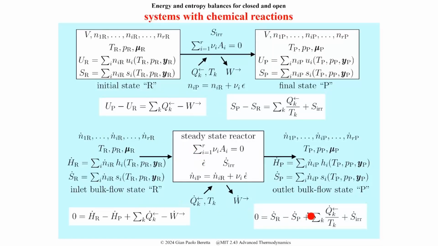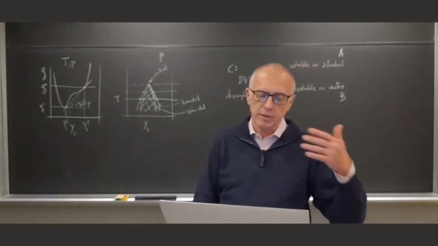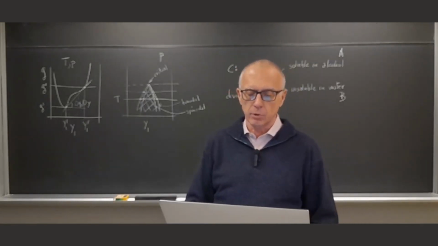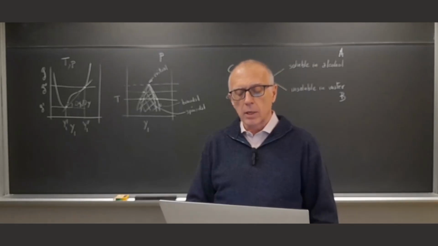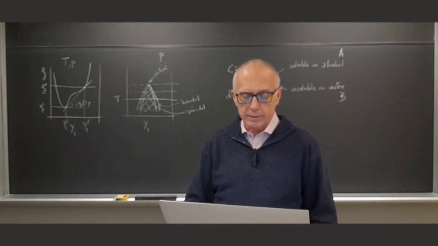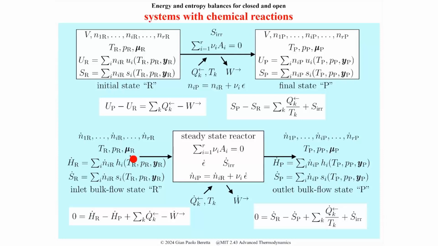Here instead is a steady-state burner or reactor. Again, if I have in mind combustion of hydrocarbons, this is a steady-state burner, which is typically inside a combustion fossil fuel power plant. Here the idea is that you have a bulk flow, one if all the substances are pre-mixed, or maybe you have several.